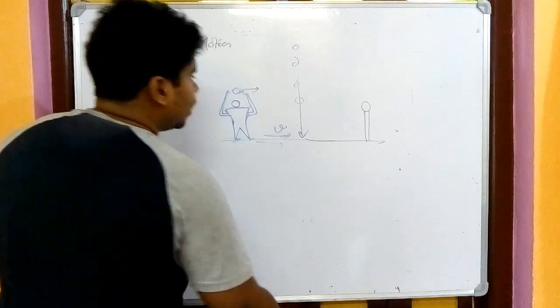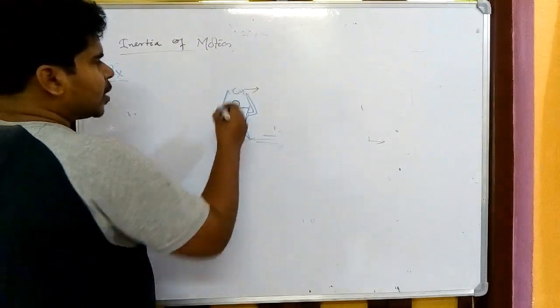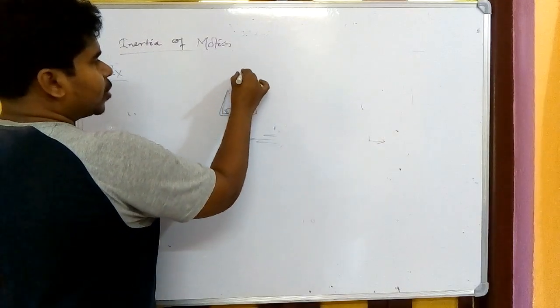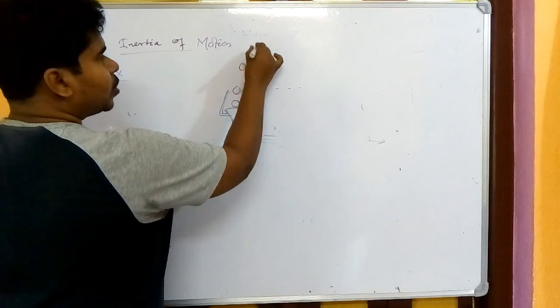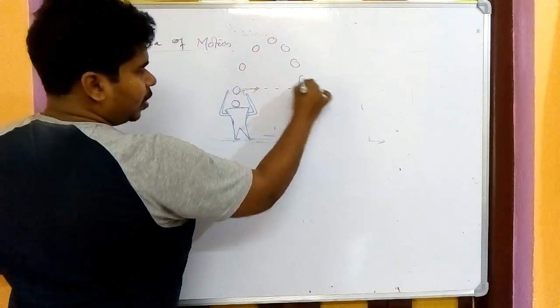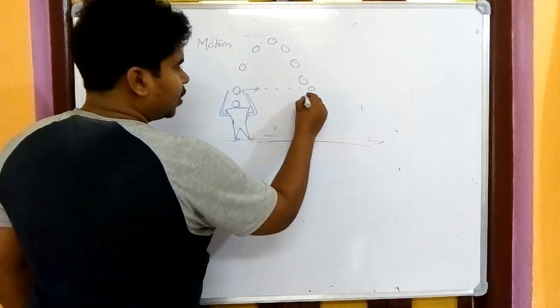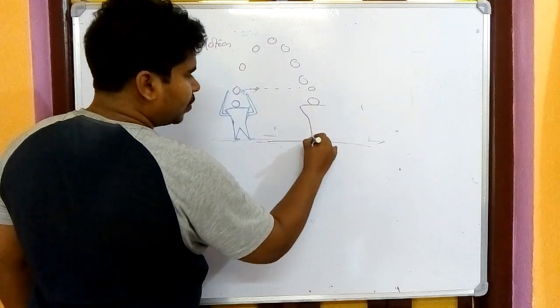So as the ball is thrown upward, the ball is also trying to move in this direction. So it is going by this path. And when it reaches here, the man has already come beneath the ball.